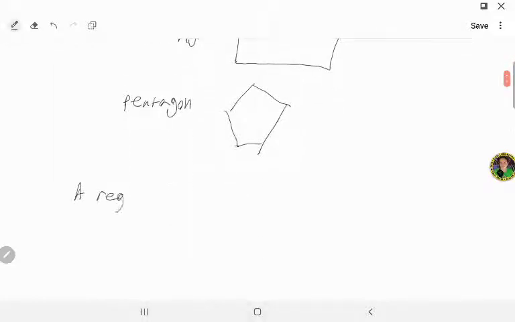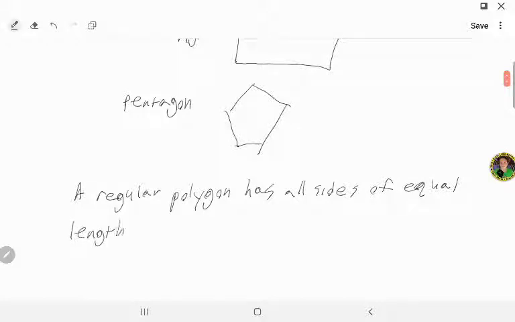A regular polygon has all sides of equal length and all interior angles of the same measure.